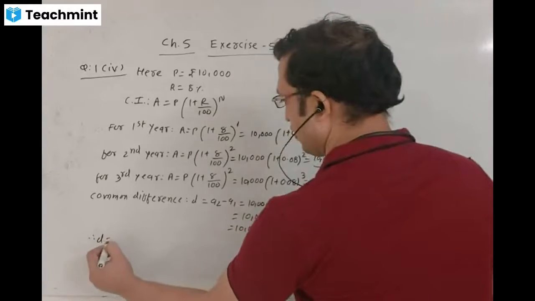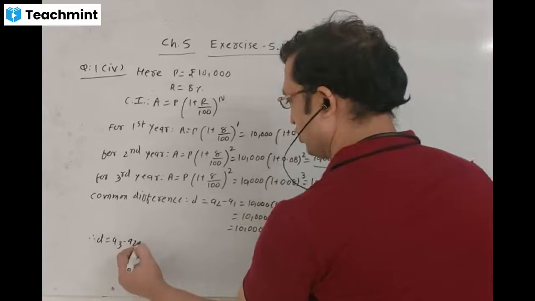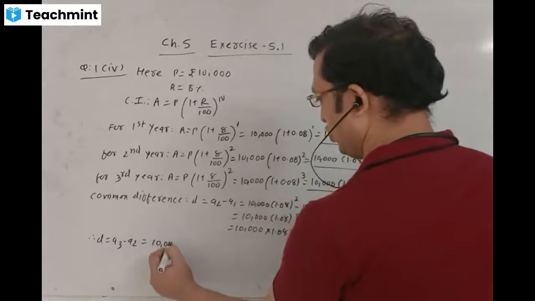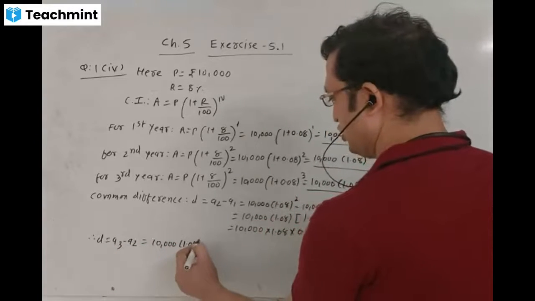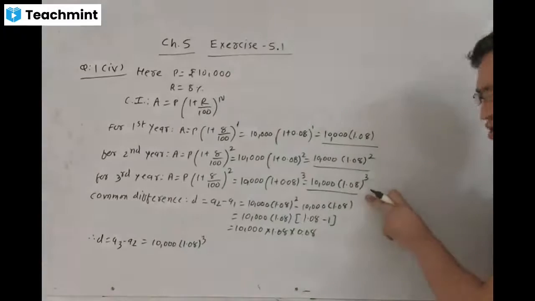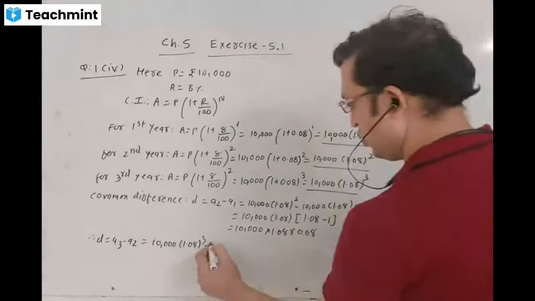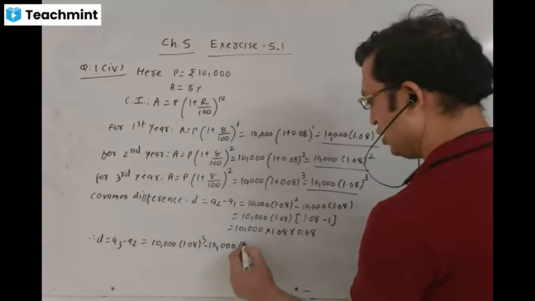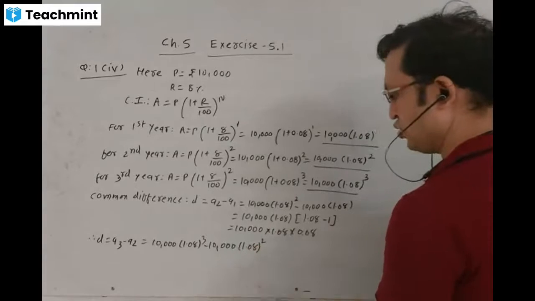Similarly, D is equal to A3 minus A2. A3 is equal to 10,000 into 1.08 raised to power 3, and A2 is 10,000 into 1.08 raised to 2.